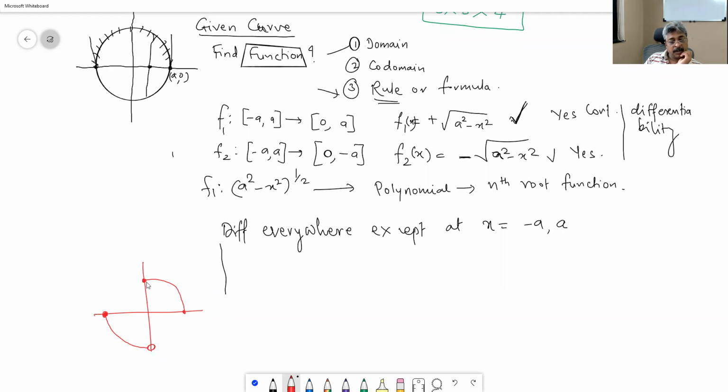This is the same: a comma 0, minus a comma 0, 0 comma a, 0 comma minus a. How will you define this function?